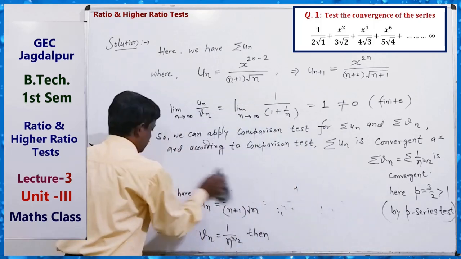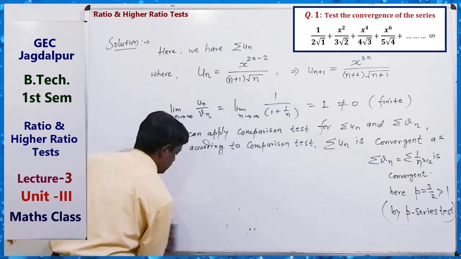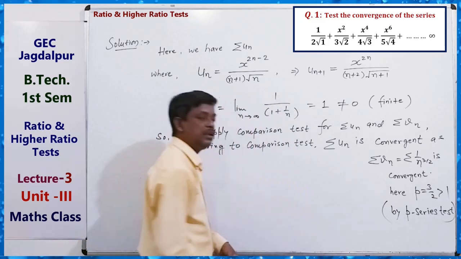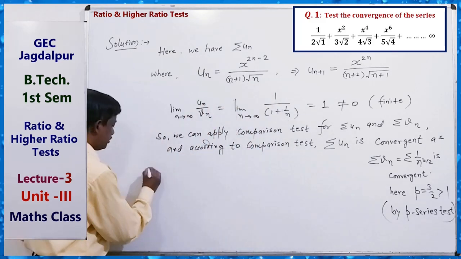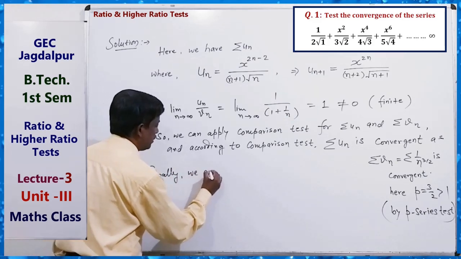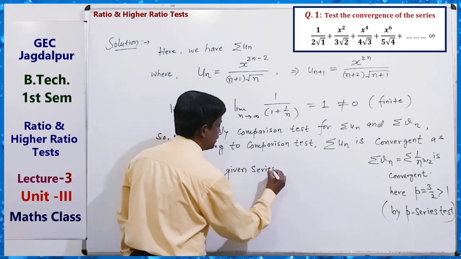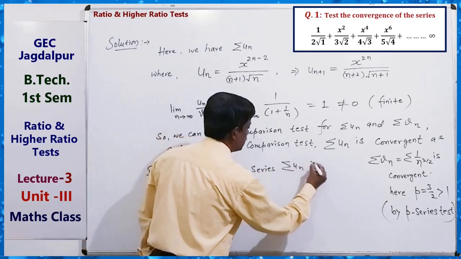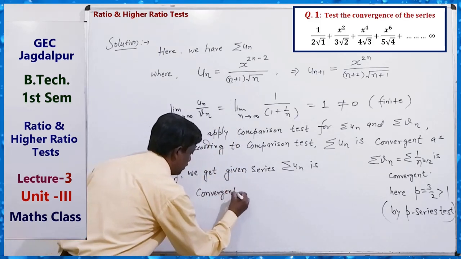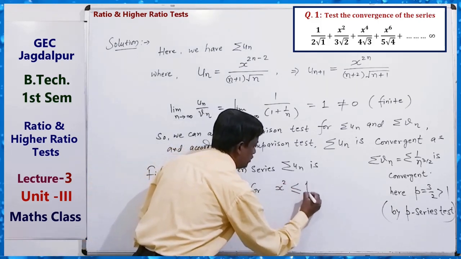So the final decision is: the given series summation un is convergent for x square less than or equal to 1.